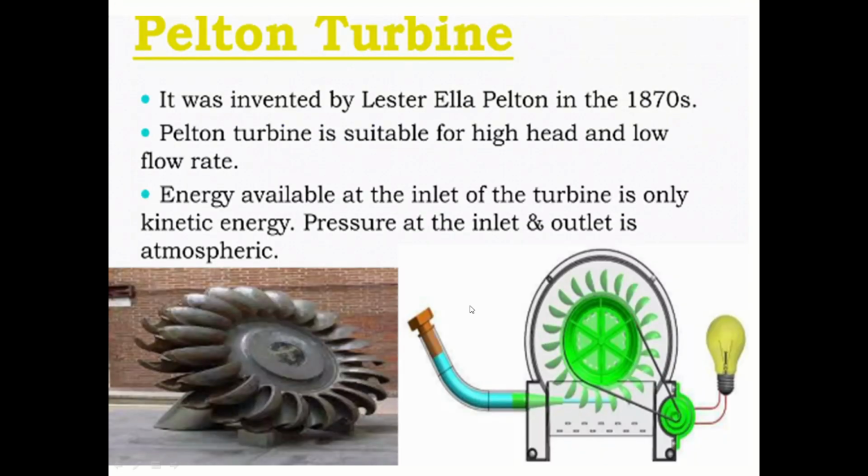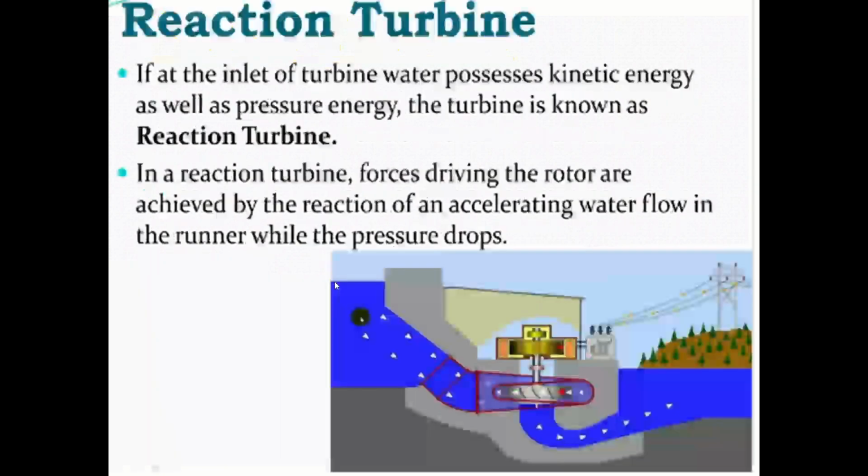Now, the Pelton wheel turbine is suitable for high head and low flow rate. I already told you that the energy available at the inlet of the turbine is only kinetic energy. Here you can see the Pelton wheel. And the pressure at the inlet and outlet is atmospheric. You have to remember that.